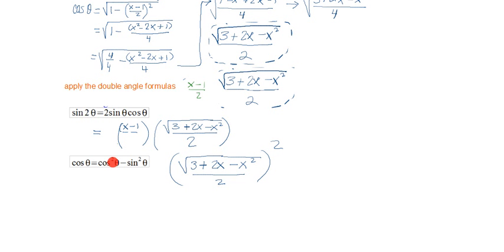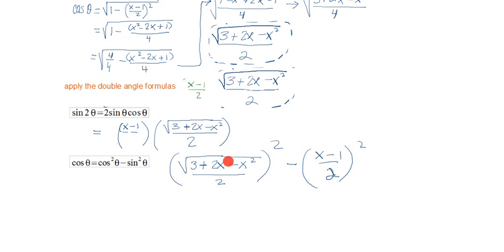See, that's cosine square. And minus the sine square. And my sine square is x minus 1 over 2 square. So that's my sine, that's my cosine.